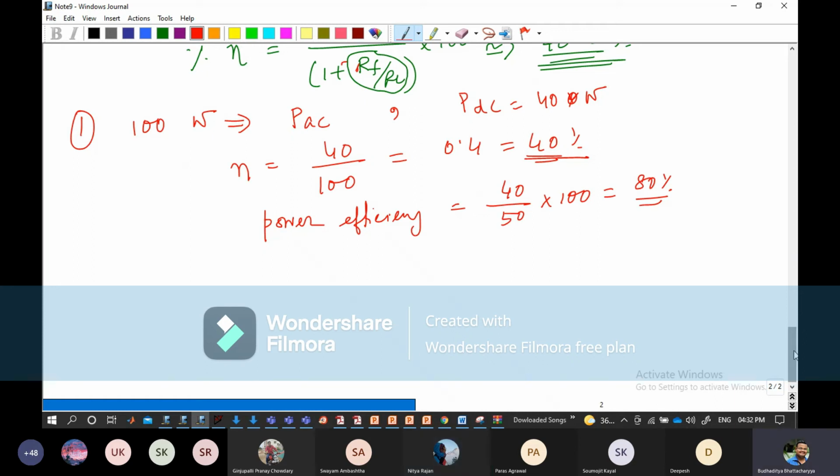See, the diode has a very small internal resistance, right? So it consumes very small power. So we are assuming that the power is not dissipated that much across the diode. Now the 100 watt that we are considering has two components: 50% for the positive cycle and 50% for the negative cycle, right?